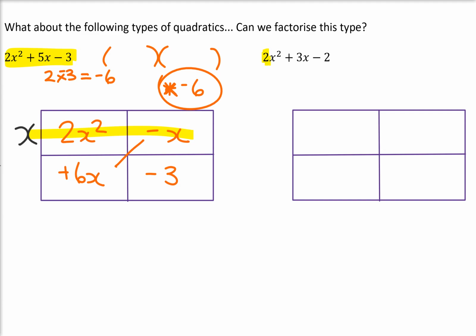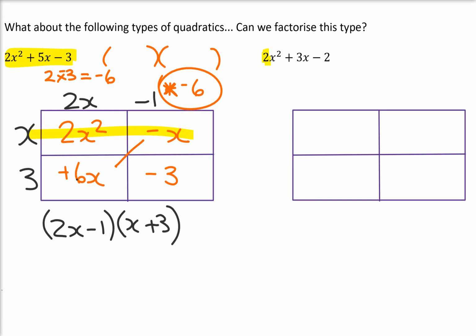Because it's going to be x times what gives you 2x squared. 2x times what gives you the positive 6x. X times what gives you negative x. Negative 1 times 3 gives you negative 3. And so my factorized answer happens to be 2x minus 1, x plus 3.